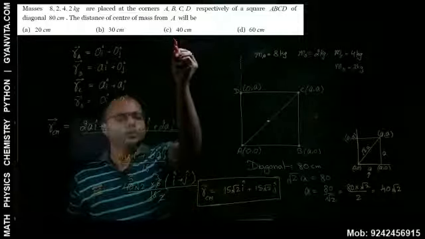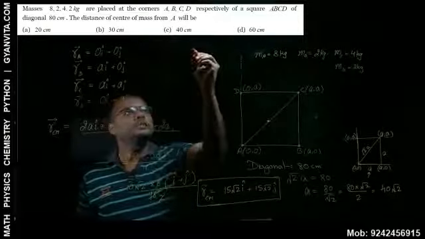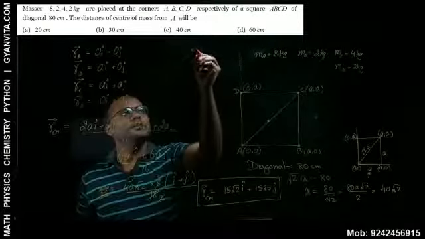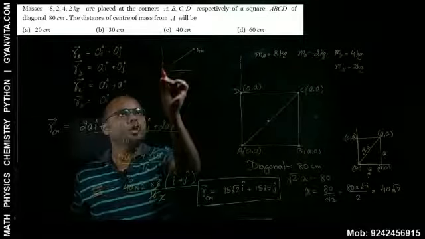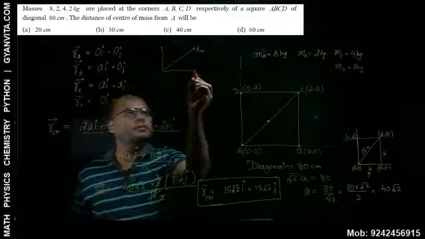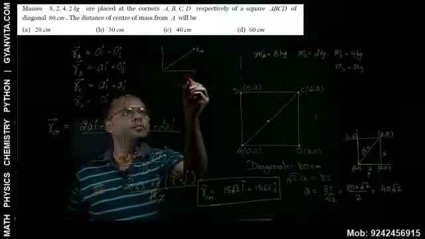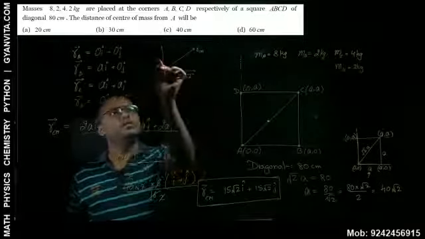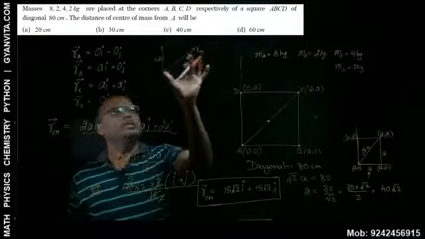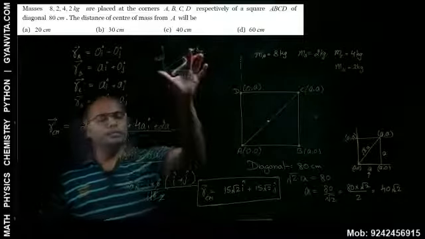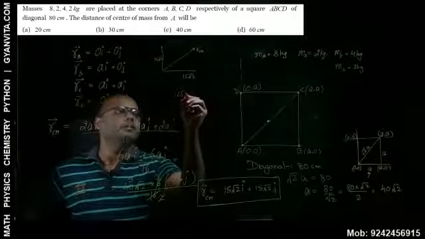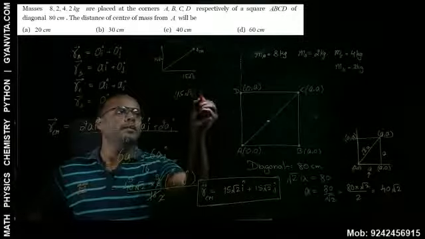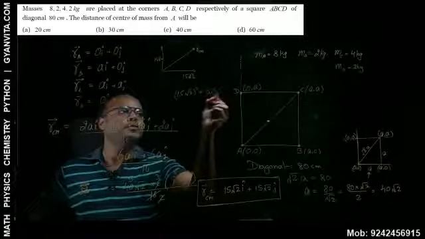So if this is your center of mass, we know that it has two components. This component is 15 root 2 and this component is also 15 root 2. So what will this distance be? We just have to apply the Pythagoras theorem. So it will be the root of (15 root 2) square plus (15 root 2) square.